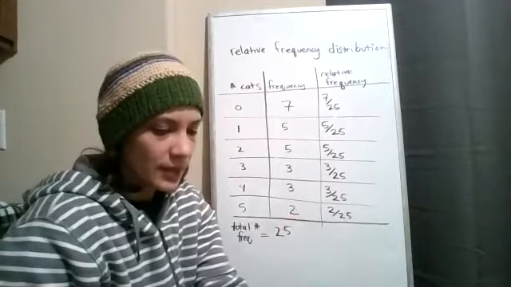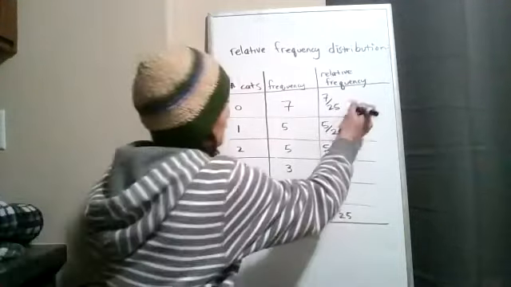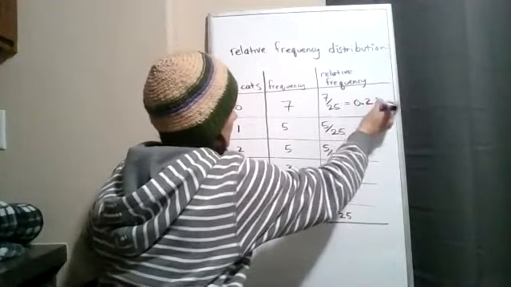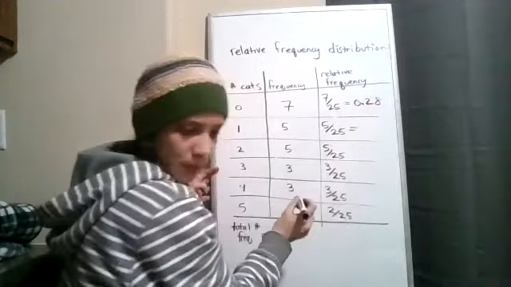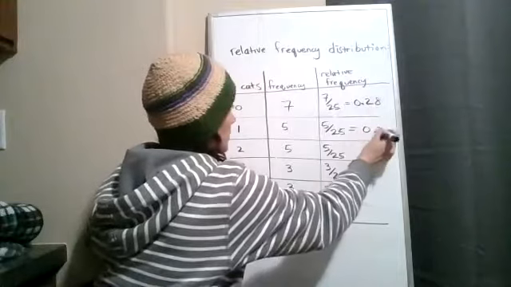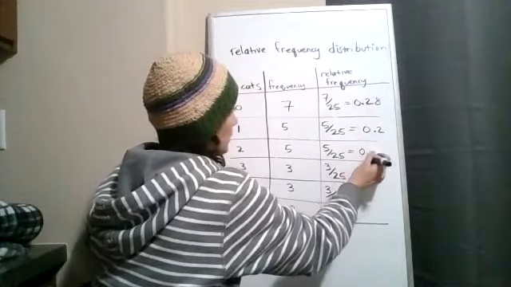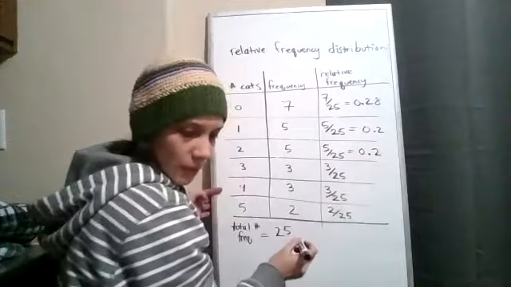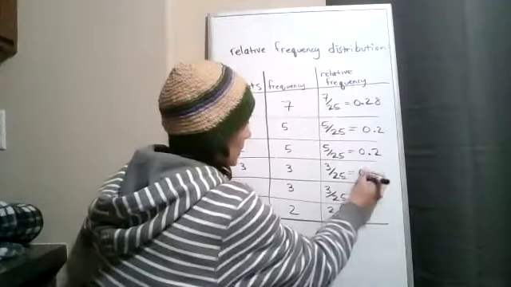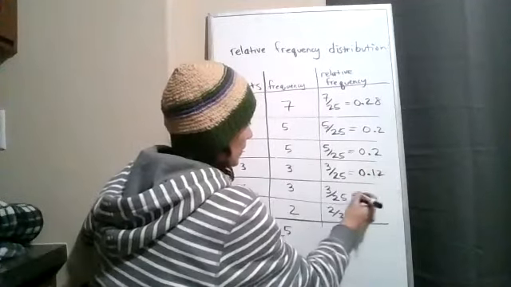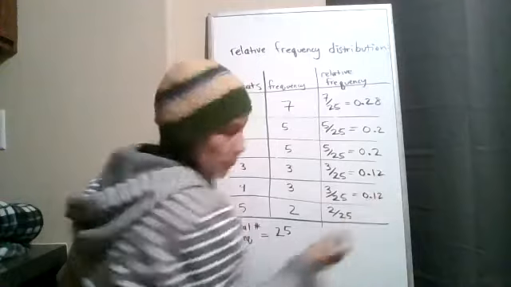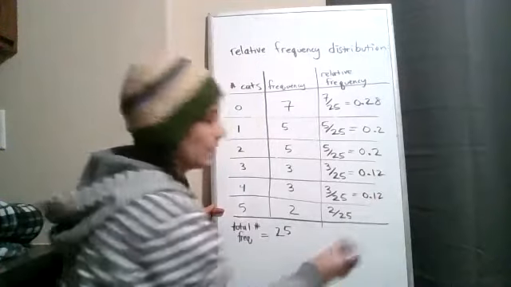So 7/25 is 0.28. This is 0.2, 0.12, 0.08.